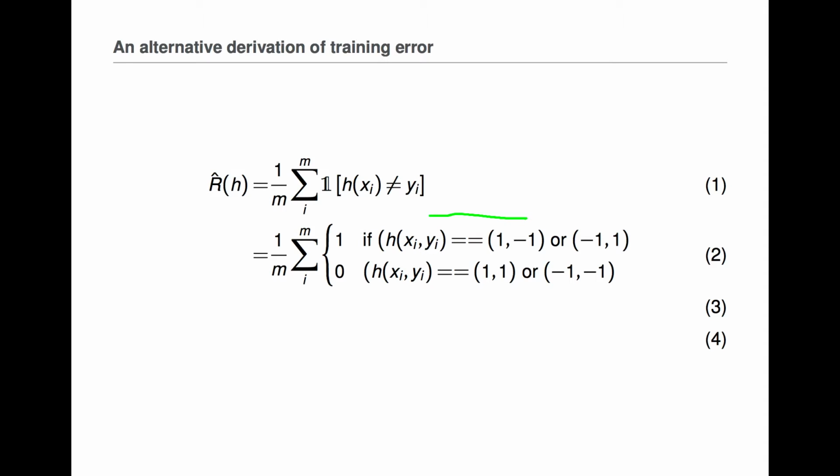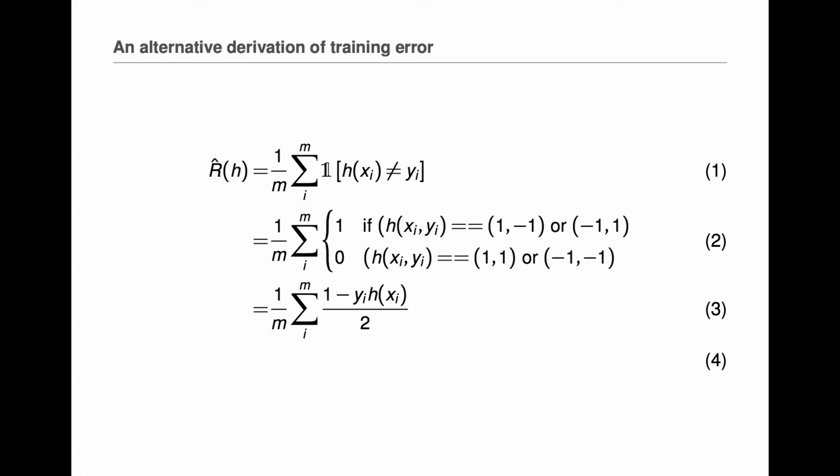What does that mean? It means that the indicator function returns 1 if the hypothesis answer doesn't match the truth. And so we can write that down explicitly, and there are 4 cases where it either matches or it doesn't.